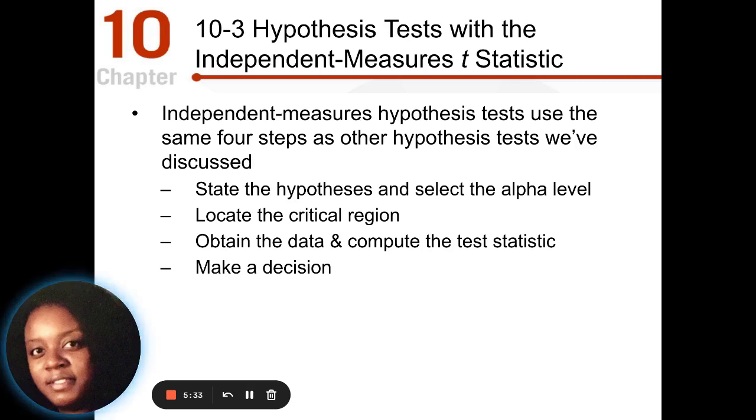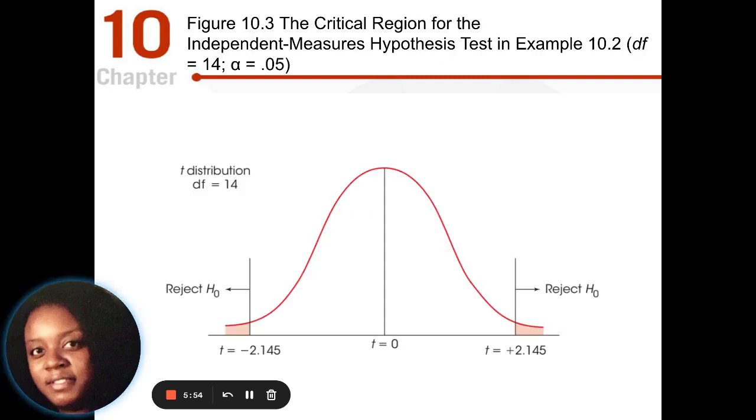The independent measures hypothesis test uses the same 4 steps as the other hypothesis tests we discussed in previous chapters. You're going to state the hypothesis and select that alpha level, usually 0.05. You're going to locate the critical region, obtain the data, and compute the test statistic, and then you're going to make a decision.